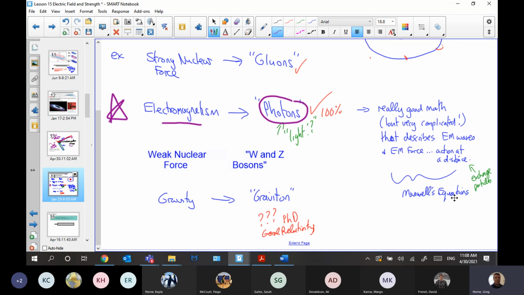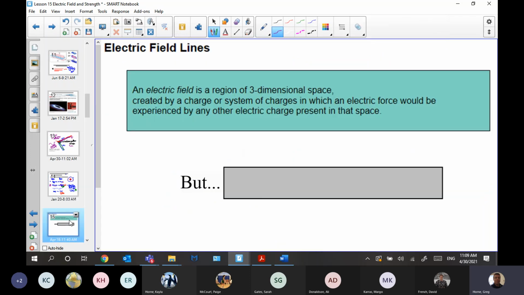Maxwell's equations describe electromagnetism extremely well. But these exchange particle ideas are what drive it. So there is actually an interaction between these objects that aren't touching, and it's these exchange particles that are passing back and forth. Weird, wild stuff.